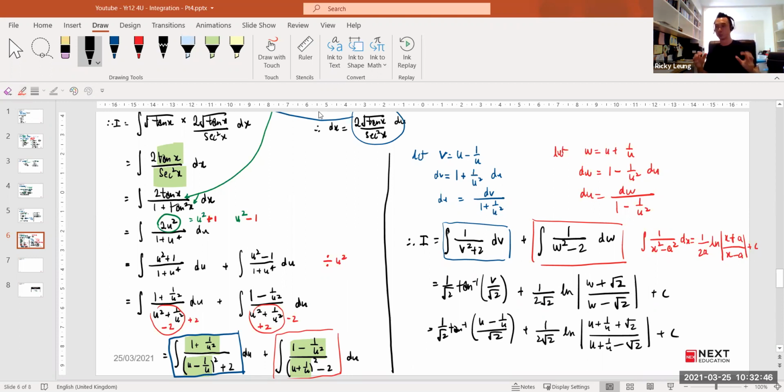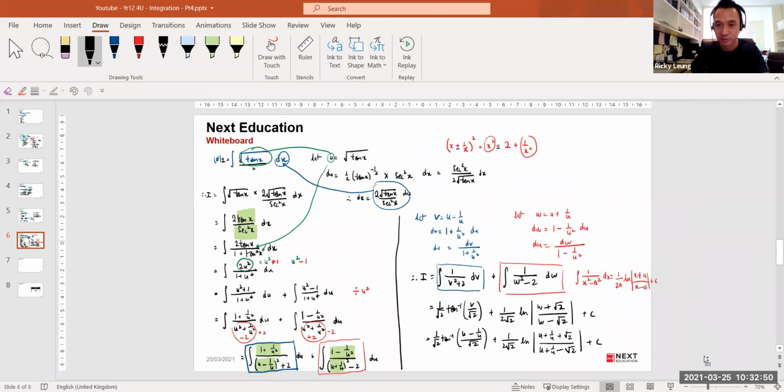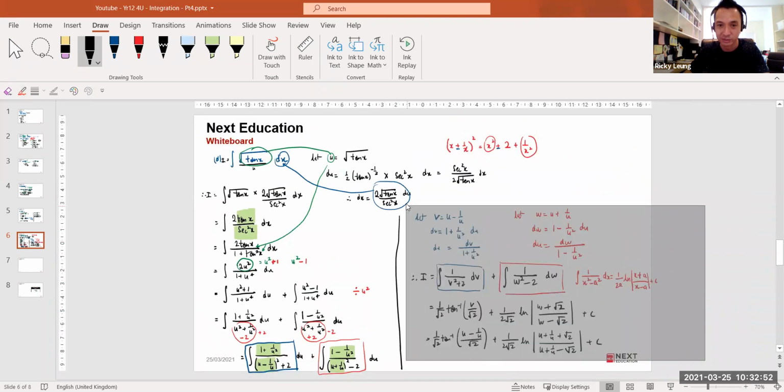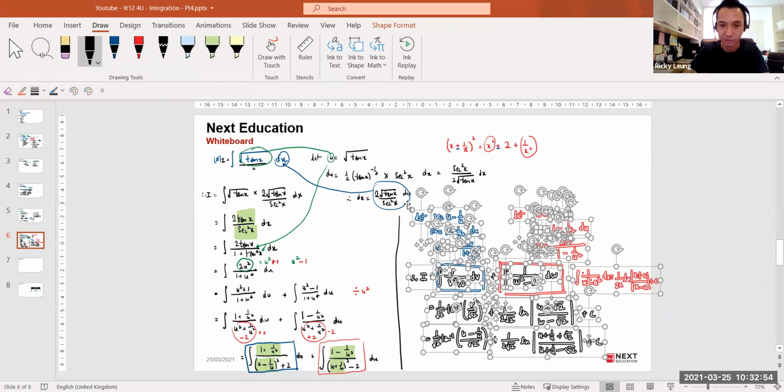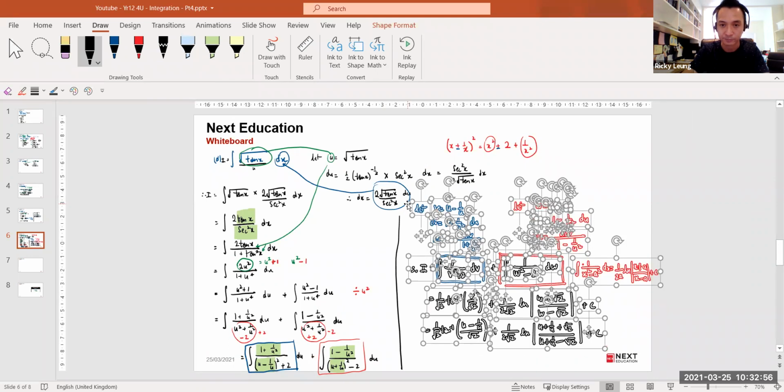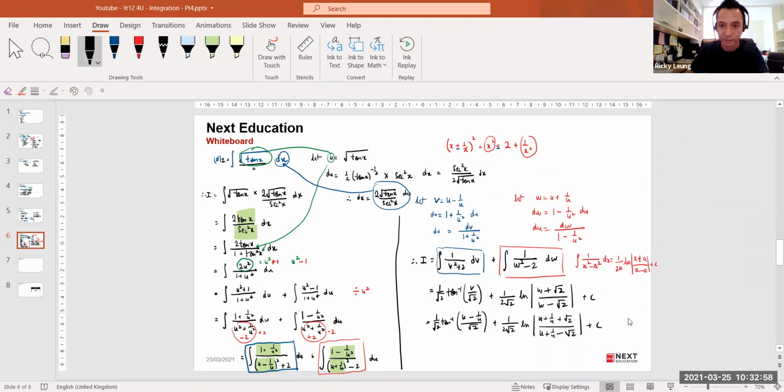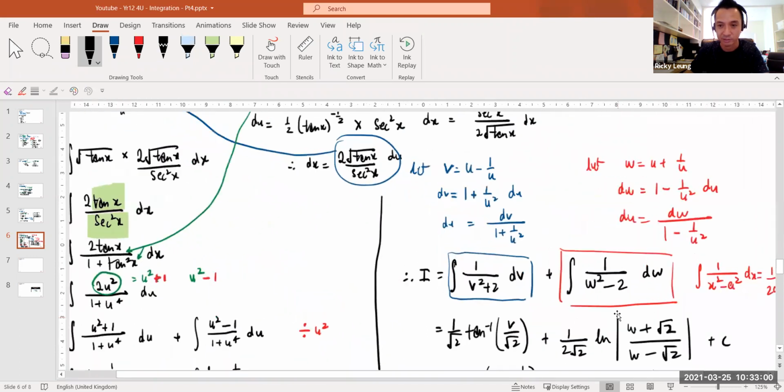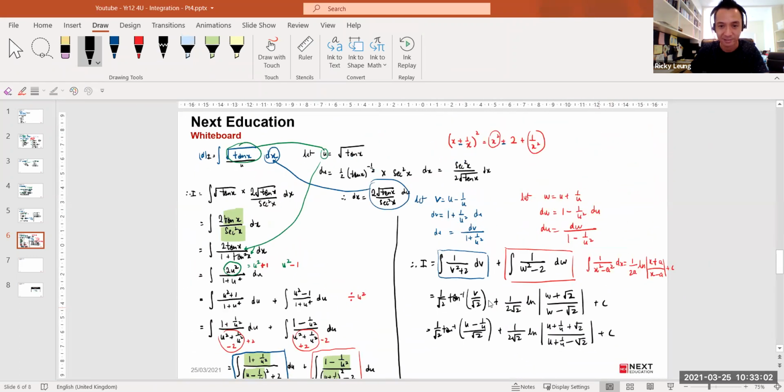Yeah, and if you're really cool about it, you would then substitute all your x values back in. So I wonder if I can shift this up a bit so I have the vertical space to do so. Perfect. It gives me one line to do so. So I know that u was root tan.